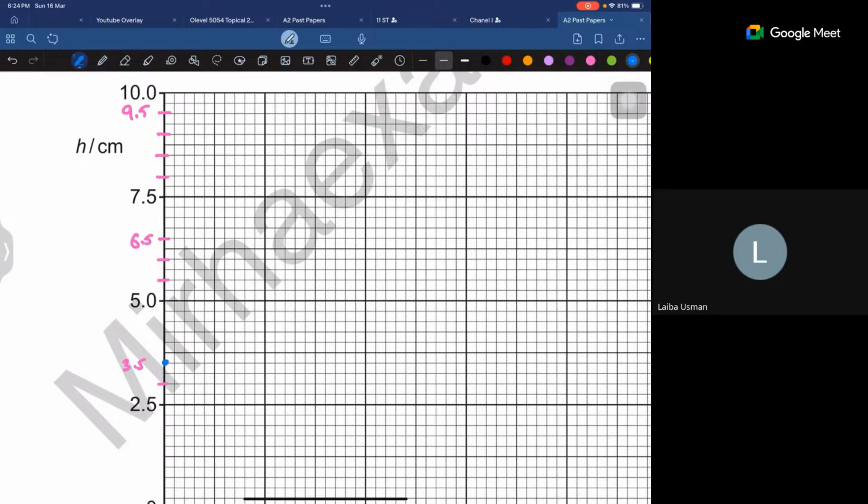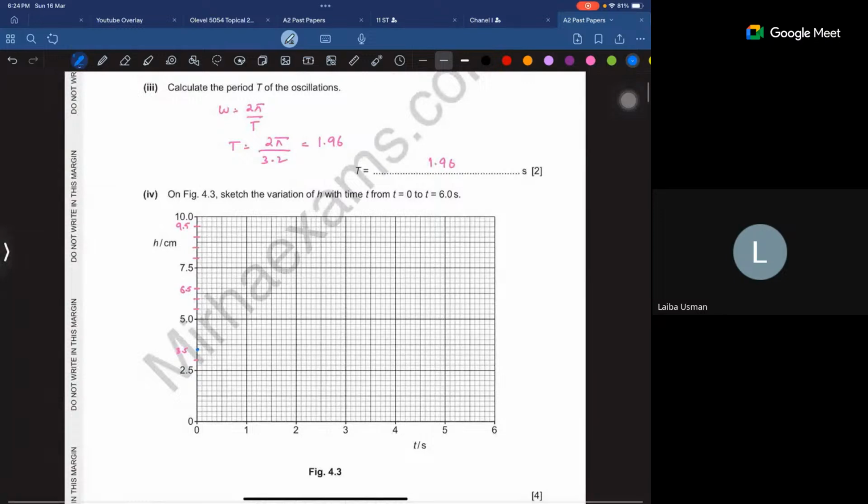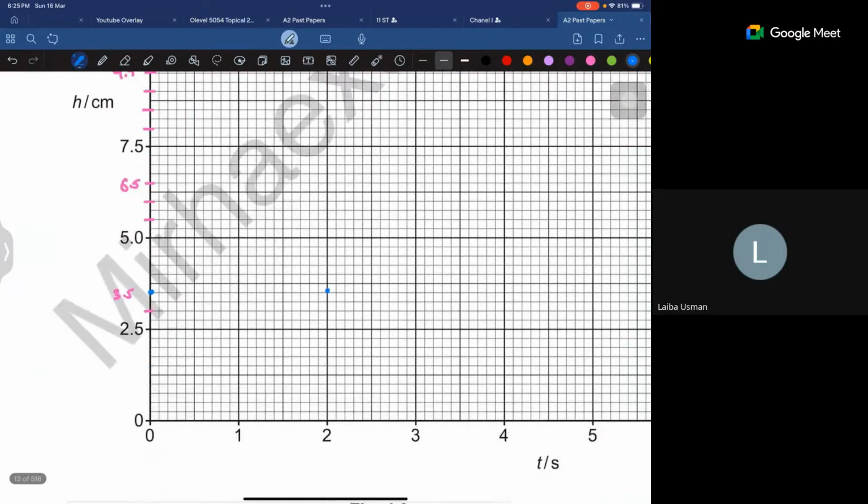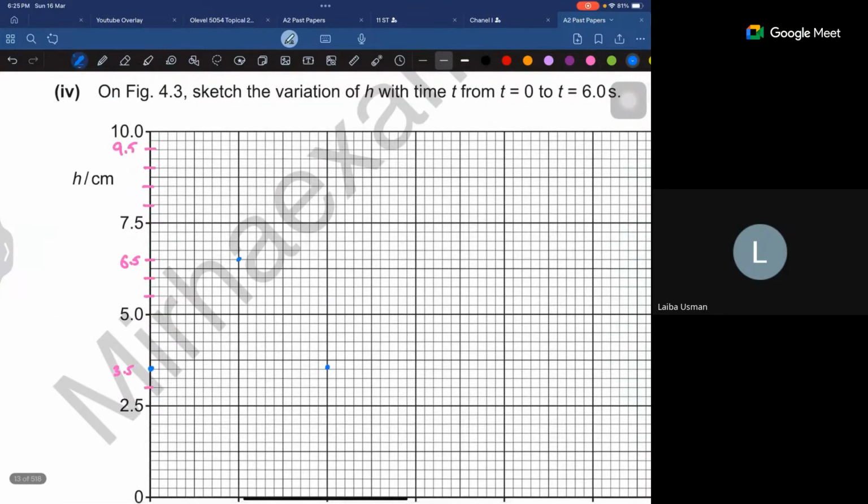Okay, then the whole time period is about 2 seconds. So it must come back to the start after 2 seconds. And at 1 second it should be at exactly 6.5. Oh, wait. You have to think.